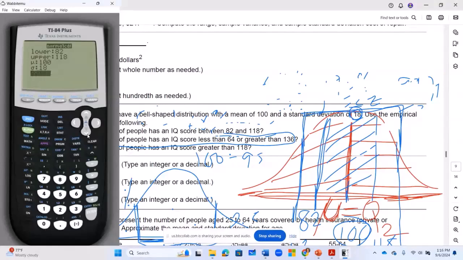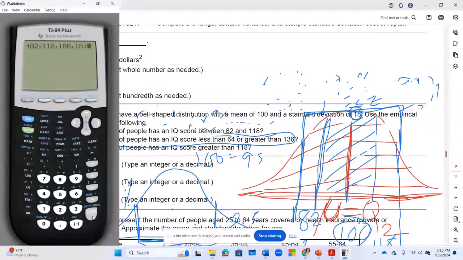Is that answer we have true? In other words, is the area under the normal curve within one standard deviation equal to approximately 68% according to the empirical rule? So I'm going to ask my calculator. I will paste, enter, and it's asking me, is this what you are asking? Is your lower bound 82, upper bound 118, mean 100, standard deviation 18?